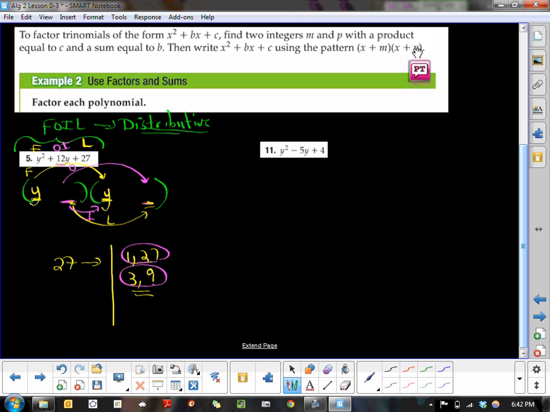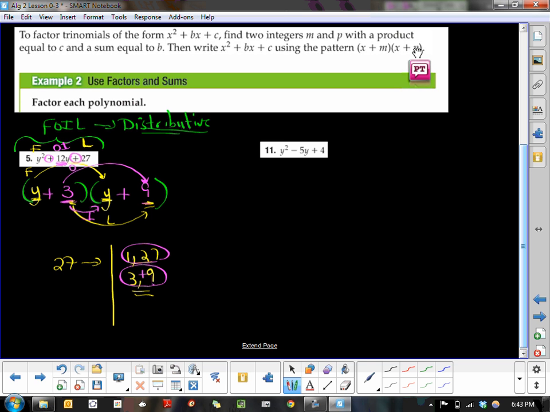Realistically, I already see what needs to happen. If I take a 9 and a 3 and add them together, I get 12. So I'm going to put a 3 here and a 9 there. I can reverse them. And I also know my signs have to be positive, because that last sign is positive and my middle sign is positive, so plus, plus.